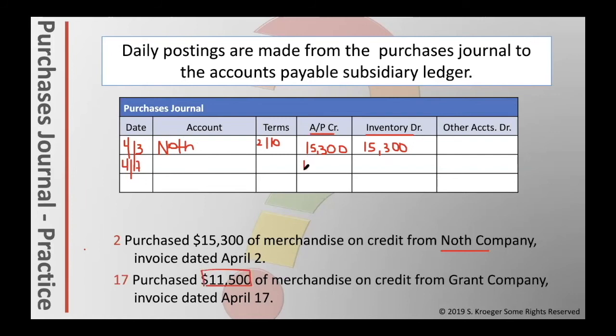That would go in both these boxes because the journal entry would be a debit of $11,500 and a credit of $11,500 to inventory and accounts payable. Once again, we do not need to use the other account column because we are using inventory. The name of the company is Grant Company, and that's what we write in the first box.